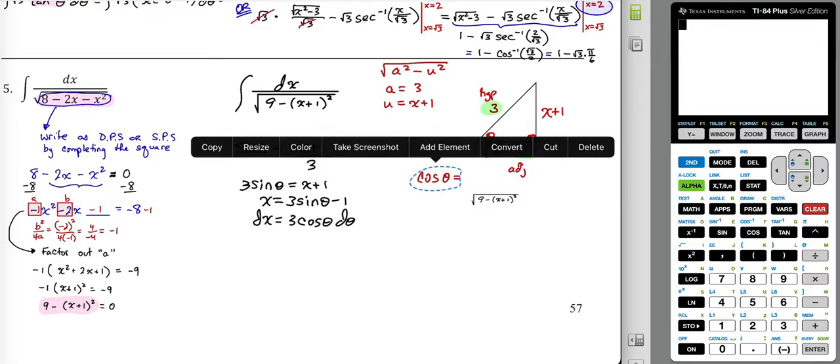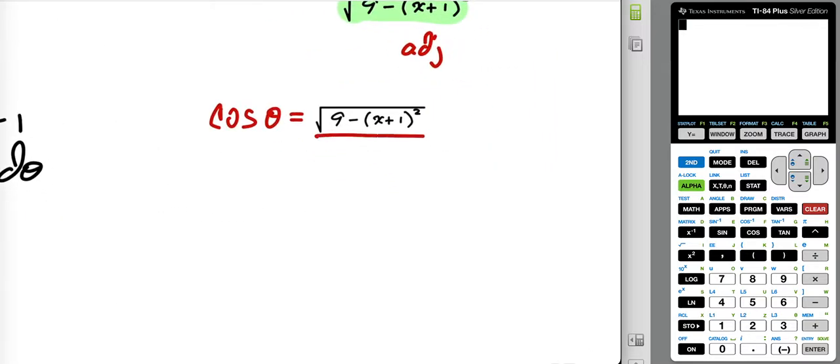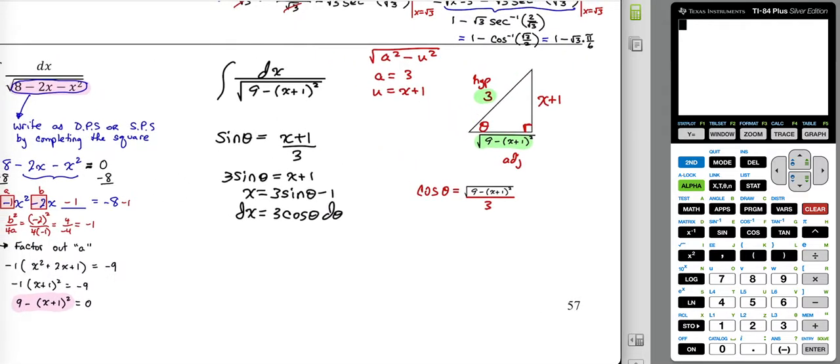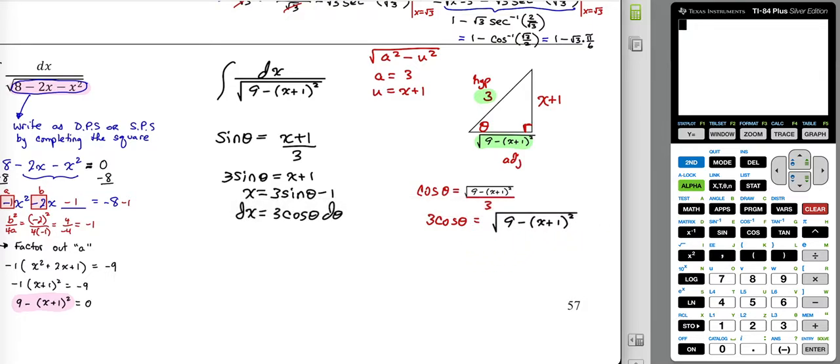Let me try to make this look a little nicer. Over the hypotenuse, which is a 3. So if I solve, I'm going to get 3 cosine theta is equal to that radical. Not what I wanted. Good enough. All right, so I can make my substitutions now.